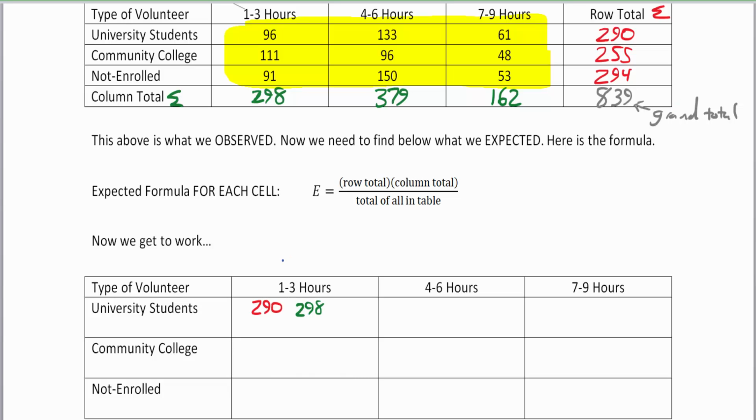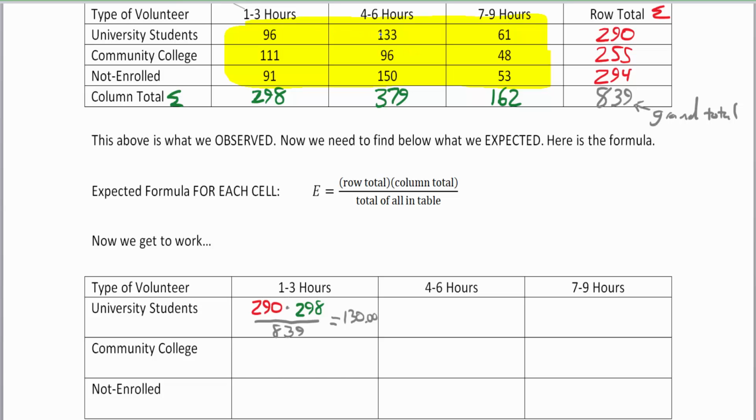Now, the grand total is going to be 839. If I multiply these two and divide by 839, I get 130.00. That is my expected value for the university students. So we got 96, but I really expected 130. Okay, now I'm going to do the next one.